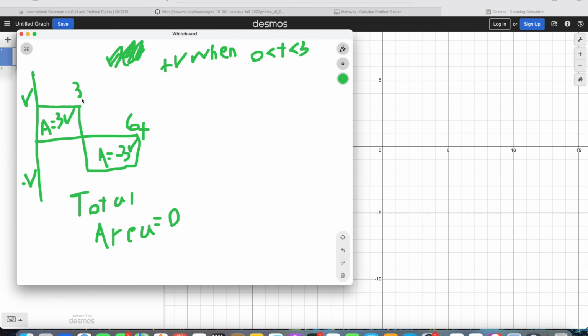So what does that mean? The needle jumps here, because he keeps going positive, and as soon as he hits 3, there's a shift. He goes from positive to negative. That means the function is undefined at 3, when t equals 3. That means this function is discontinuous.